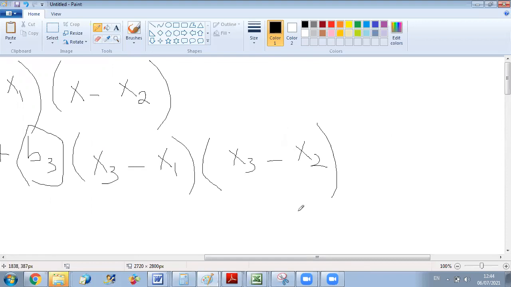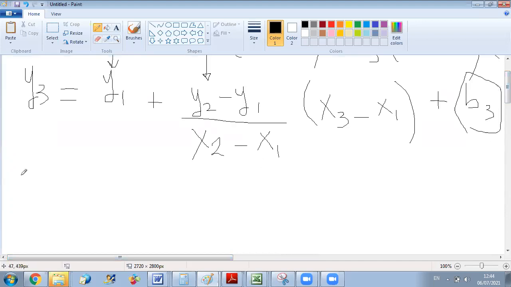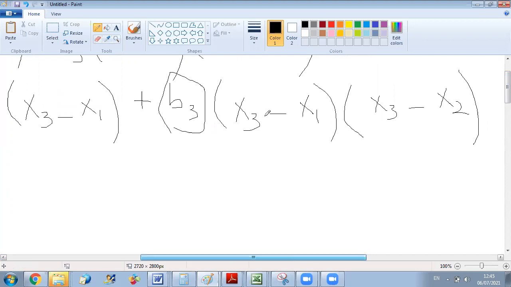So we will obtain that b3 is equal to y3 minus y1. Okay, this term I will divide by (x3 minus x1) and (x3 minus x2).